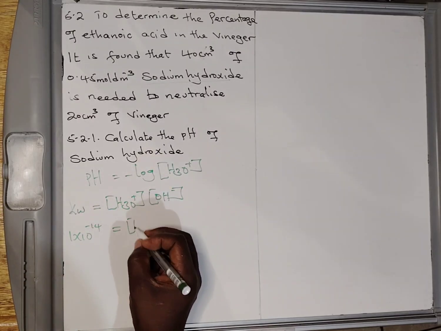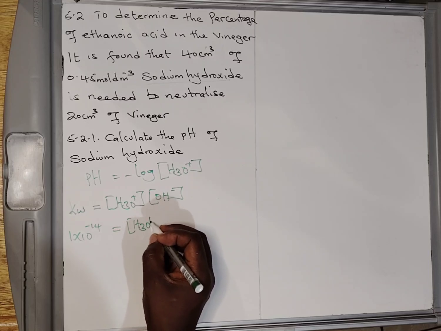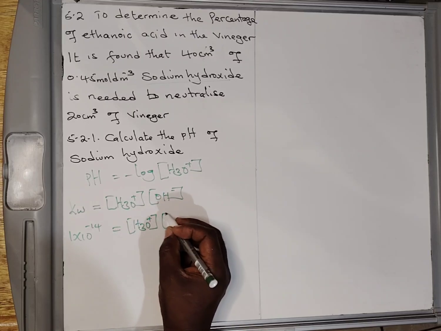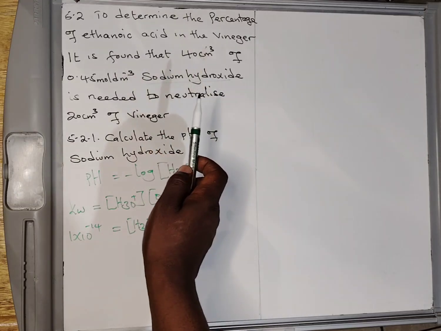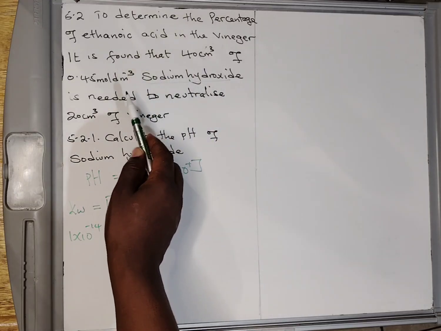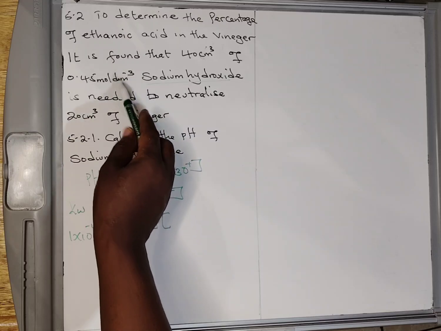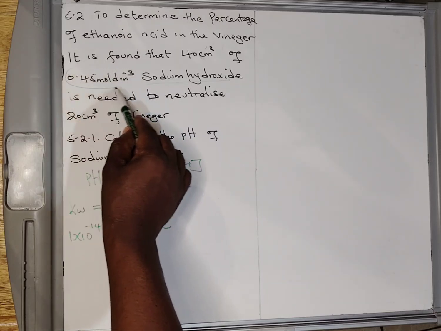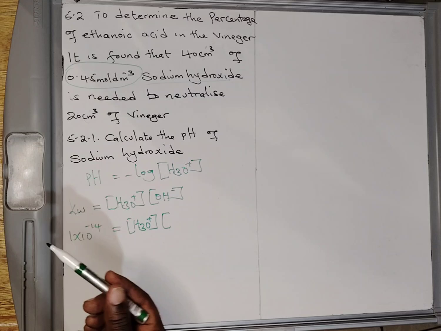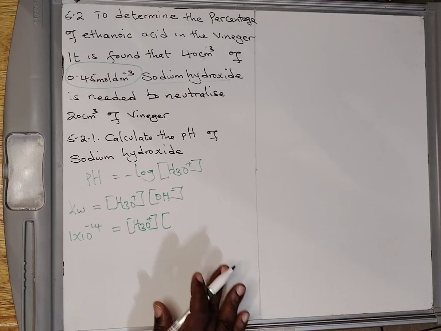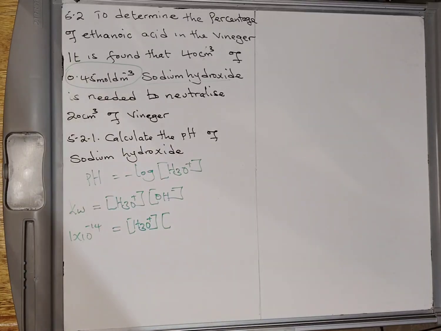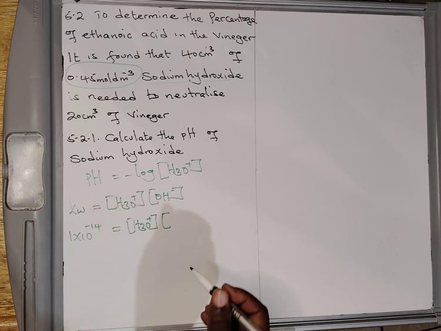We are looking for hydronium ions, but we know that 1 mole of sodium hydroxide donates 1 mole of OH. So we take this as the concentration of OH. Remember, we are dealing with sodium hydroxide, which is a strong base. A strong base is fully ionized, meaning the number of moles of the base equals the number of moles of hydroxide ion.